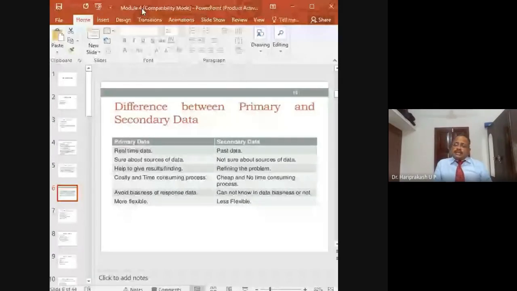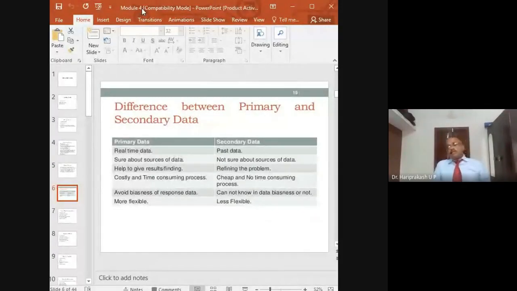What is the area you are supposed to address? What is the area you are trying to get a solution for? How do you know about it? By going through secondary sources, secondary data analysis. So you are refining the problem and trying to understand the problem in research.